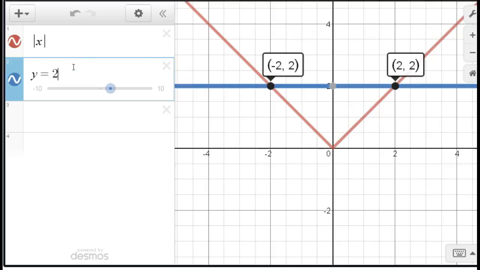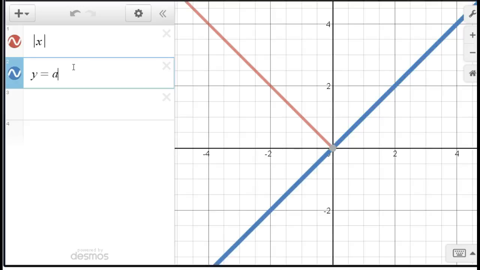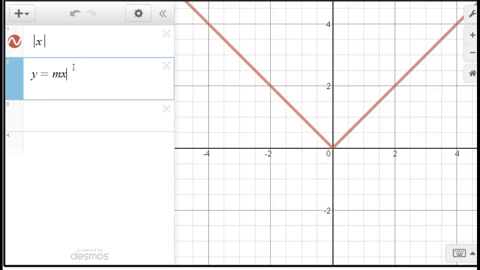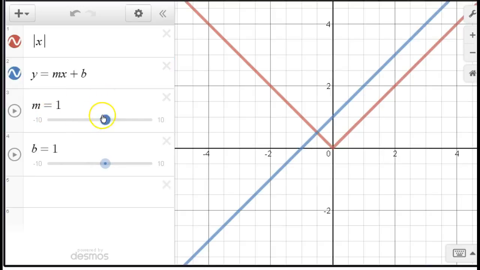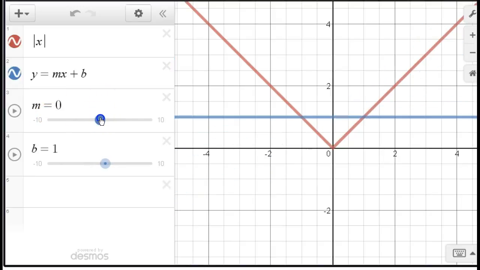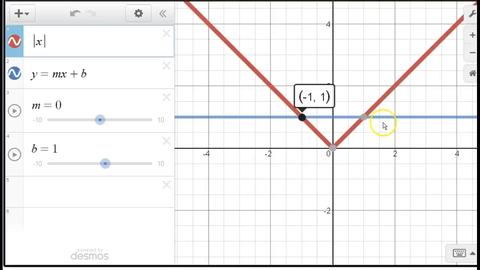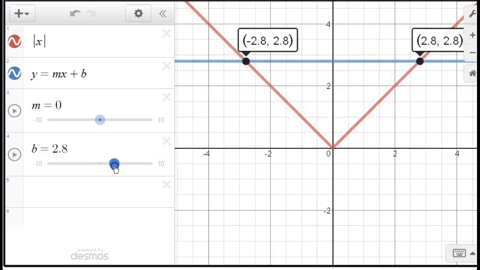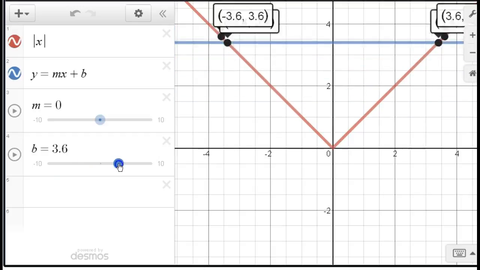It is possible to have different types of answers. As you can see here, there are still 2 answers. If I move the line up and down, there are 2 answers, one on the left side, one on the right side.